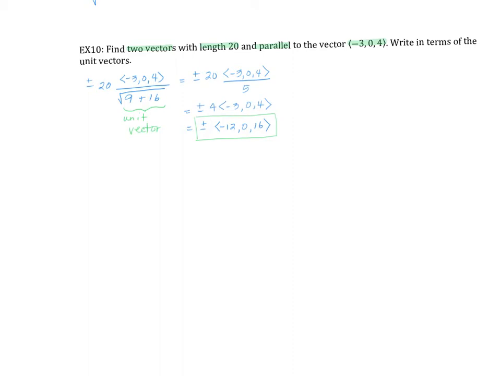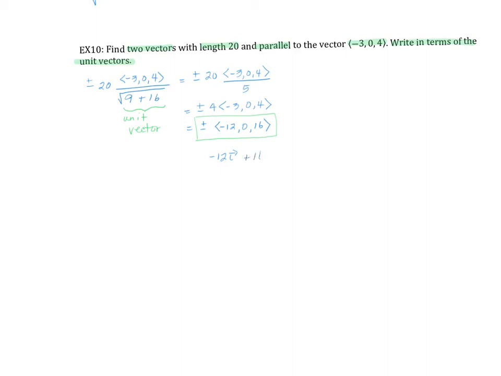However, there was more to this problem. It says write in terms of the unit vectors. So the unit vectors are going to be the i, j, and k. Now I don't want to keep a plus minus on there when I do the i, j, k because it's going to be a string. So I'm going to do the positive, which is the -12i. Notice the j has a 0 coefficient, so I'm not even going to write it.